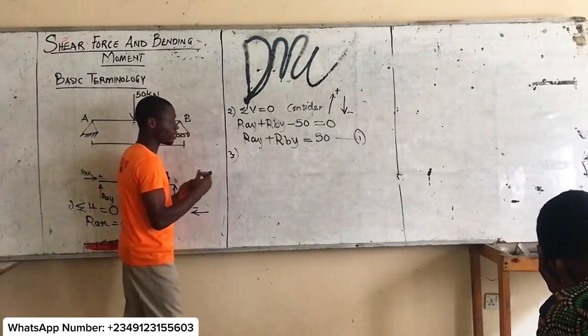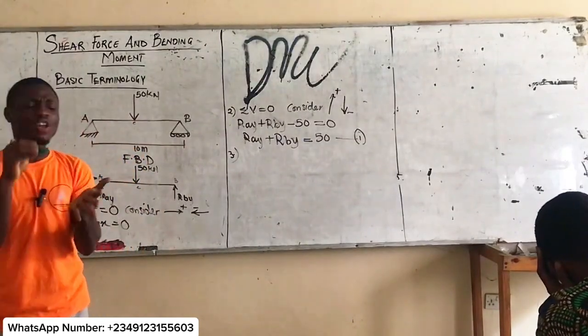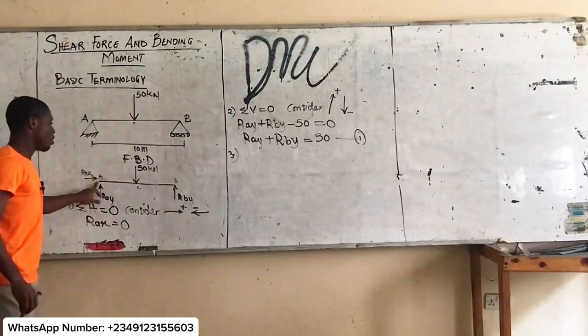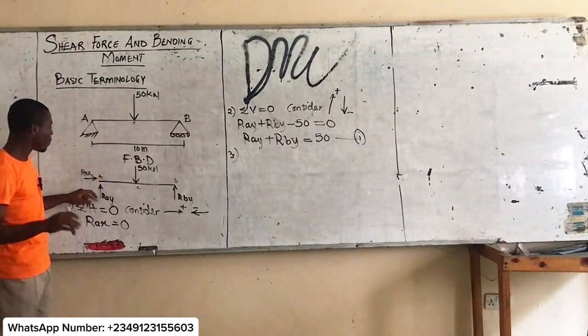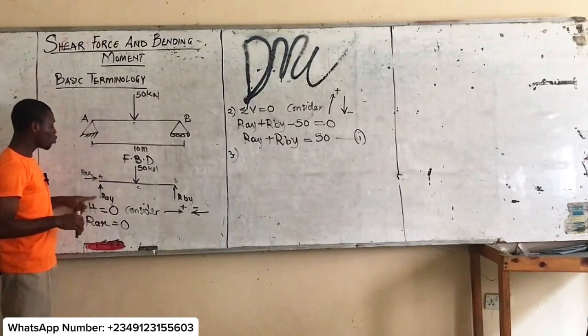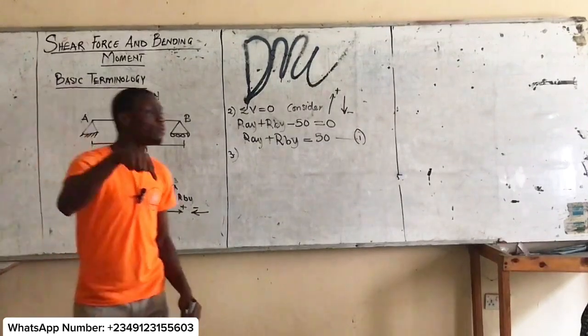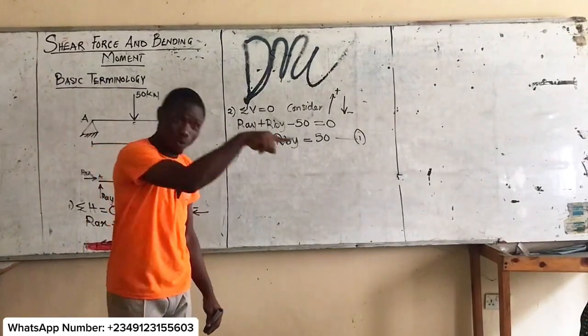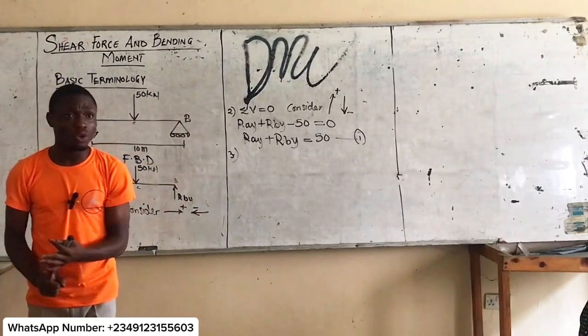Moment at any point. So now listen. Here's my advice: always take moment at point A at the beginning, please. Why? Because I want to do the action here. Anyway, I'm taking moment, equal to what? 0.